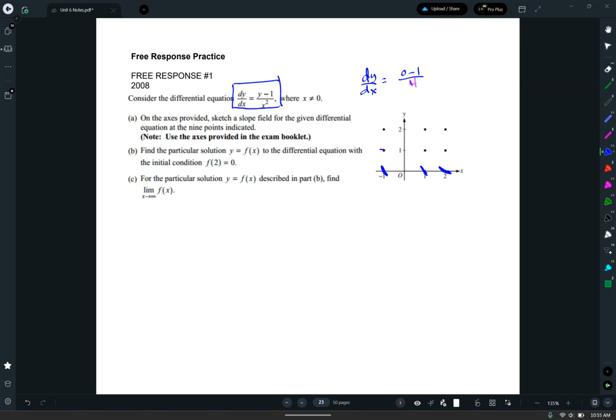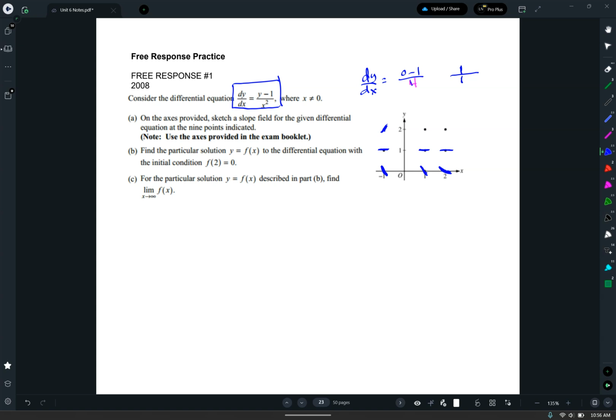So all across here, make sure you only draw little segments at the points that they have shown. And then at the top, we have y is 2. So that means the derivative is going to be 2 minus 1, so 1 over, and now it's going to depend on the denominator. If x is negative 1, that would be a positive 1 slope.